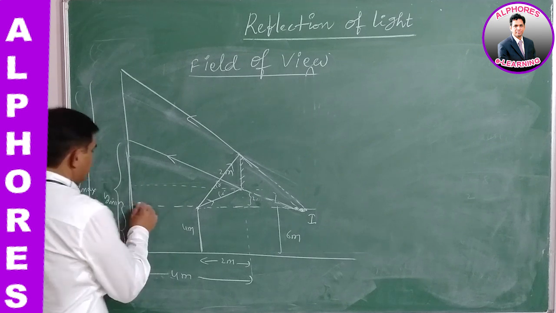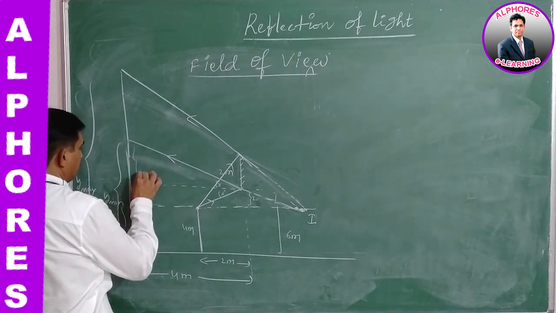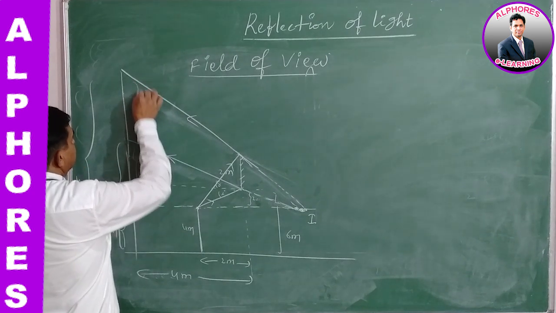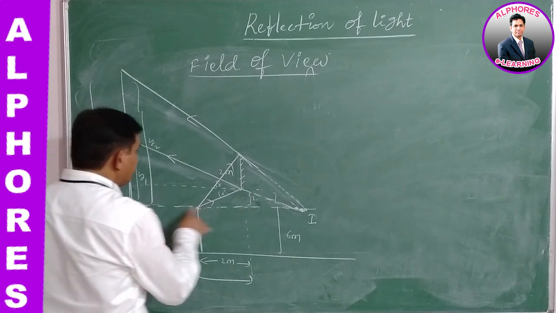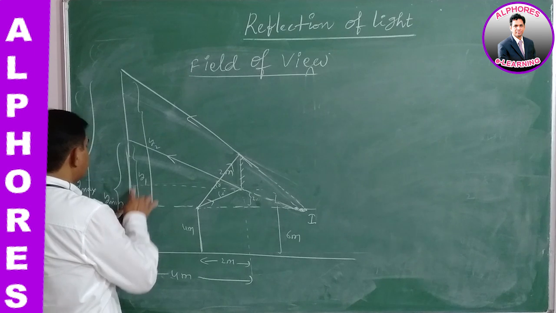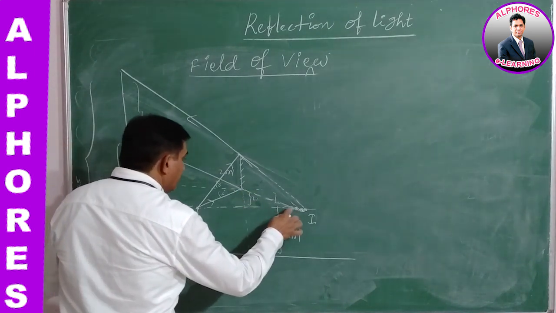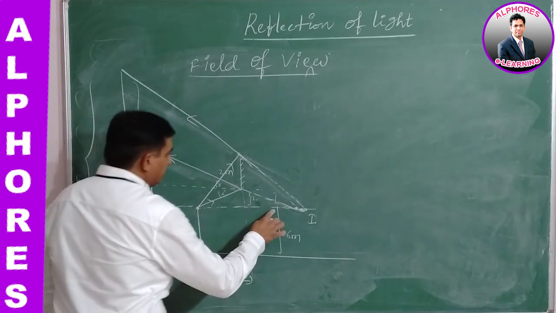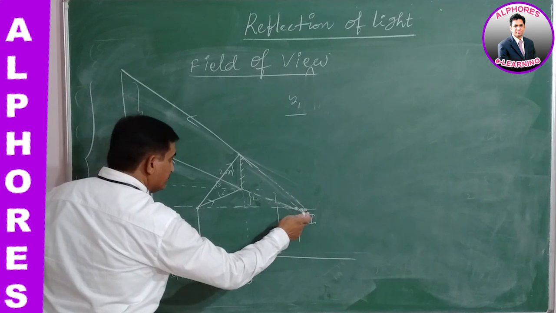For this, let us consider first this part y1, and this is y2. y1 is from the similar triangle concept. This is y1, and this is 2 meters. This small triangle and this big triangle are similar. Therefore, y1 by total distance from here to here.